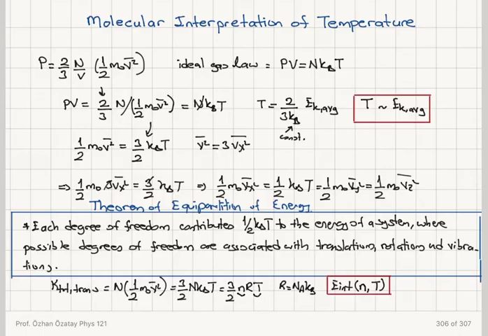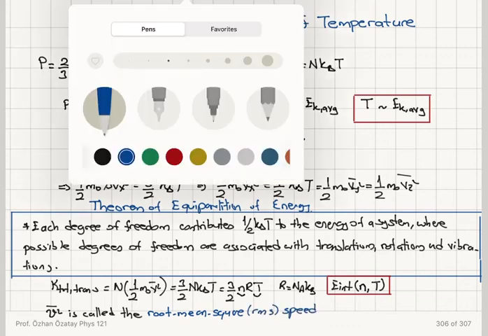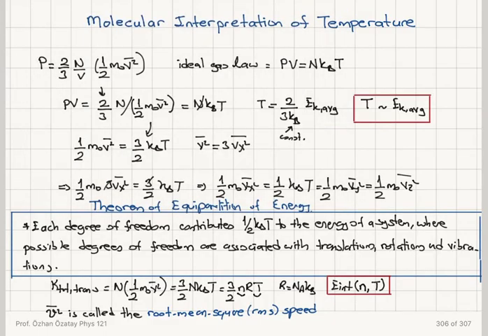Now, one more important result that comes out of this is basically v square bar. The square root of v square bar is called the root mean square, or RMS speed. And what is it equal to?